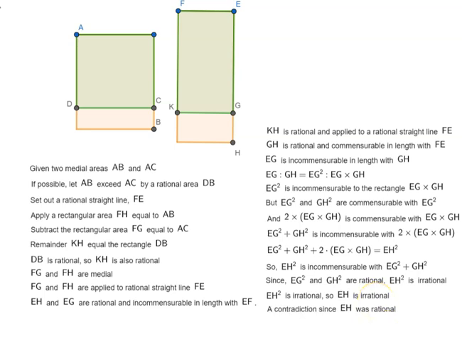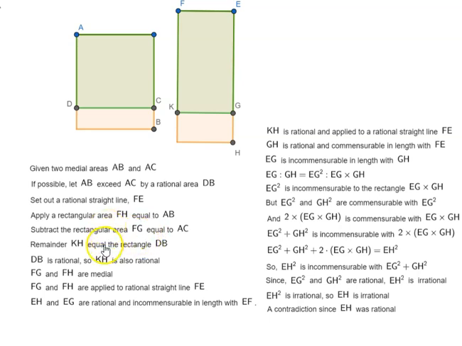Now we have reached a contradiction. EH and EG are rational and incommensurable in length with EF. So EH is rational here, and here we have reached a conclusion that EH is irrational. So it can't be both. It can't be rational and irrational. That means our original assumption was wrong.